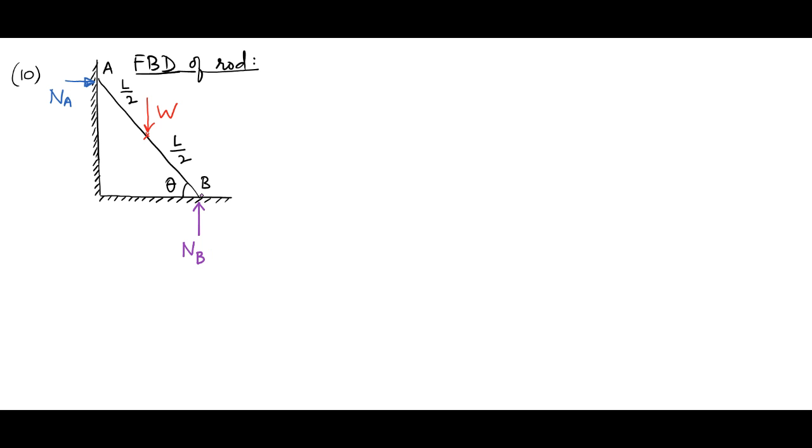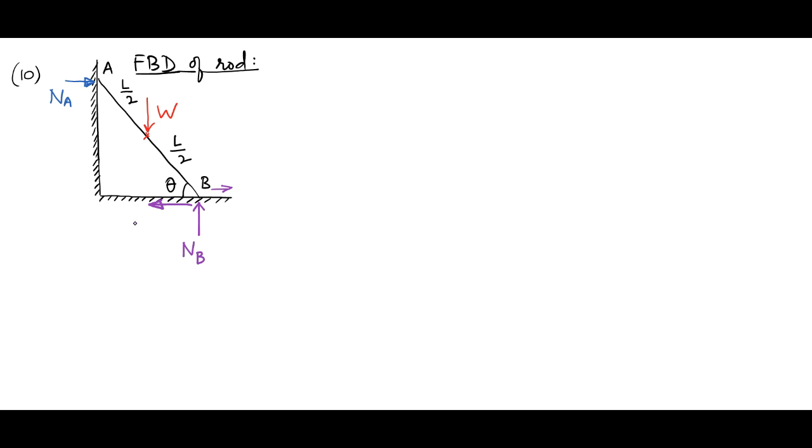And you also know that this particular rod is on the verge of slipping, so end B is on the verge of slipping towards the right. There is impending slipping in the rightward direction, which will mean that there is limiting friction at end B exerted by the floor, and that must be in the leftward direction.